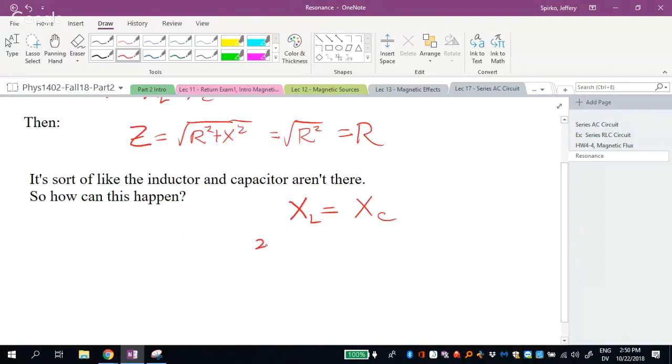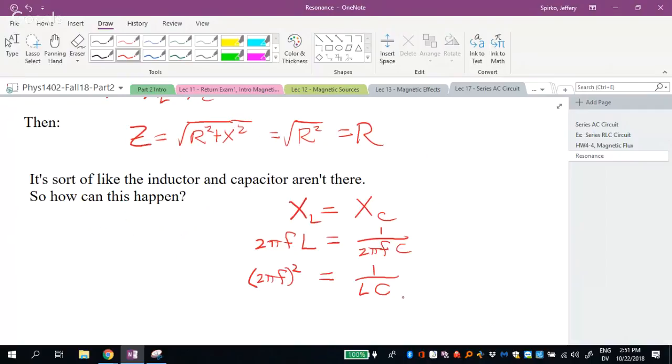So this is 2 pi f L equals 1 over 2 pi f C. The easiest thing to do here is to multiply the 2 pi f over to the other side and divide the L over to the other side. So I multiplied the 2 pi f over to the left. Now I have two factors of 2 pi f, so it's squared.